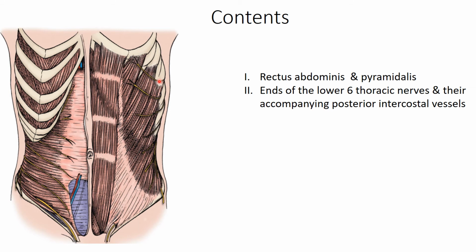Now the posterior intercostal nerve, from the intercostal spaces, enters into this abdominal interface by passing in between the transversus abdominis and internal oblique, and then it continues up to the midclavicular line where it gives a lateral cutaneous branch, and then it pierces the posterior layer of the internal oblique aponeurosis to enter the rectus sheath, and it continues in the rectus sheath posteriorly up to the midline, and here it pierces the posterior portion of the rectus abdominis, supplies it, and then continues forward, and ends by supplying the midline portion of the skin as the anterior cutaneous branch.